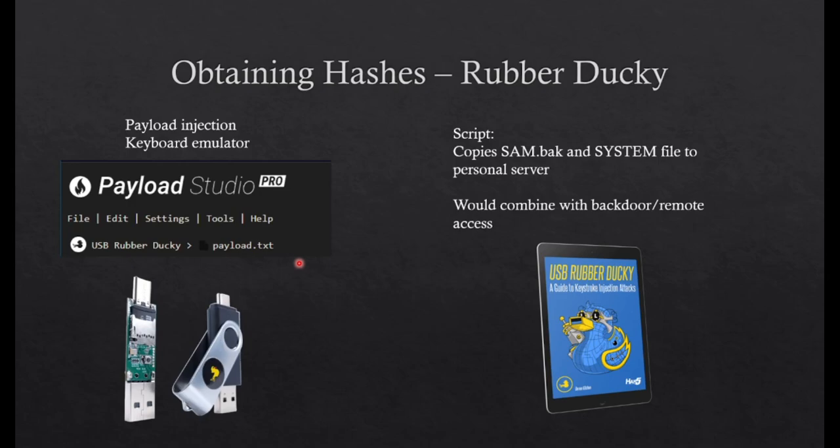It's part of the Hak5 tools, such as the Wi-Fi Pineapple, which other people have gone over before, and it uses its own programming language through Payload Studio. So for this project, I created a more basic script, which is for Windows 10 only. It can work with other OSs, but I just didn't want to program that.